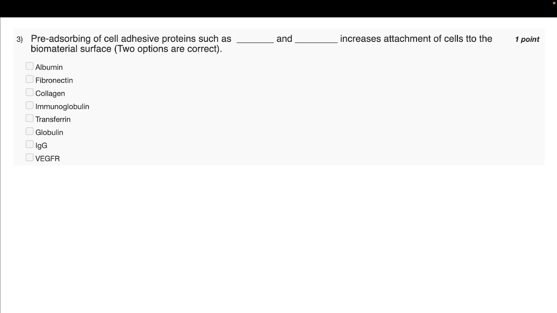Anyone else has another response apart from option 2 and 3? Okay, somebody else is also saying option 2 and 3.